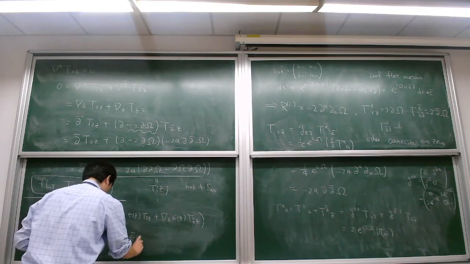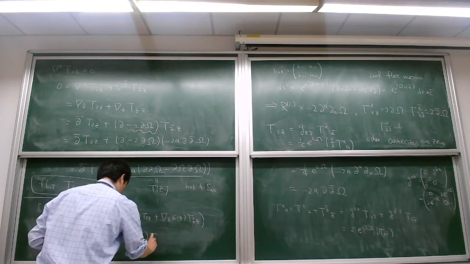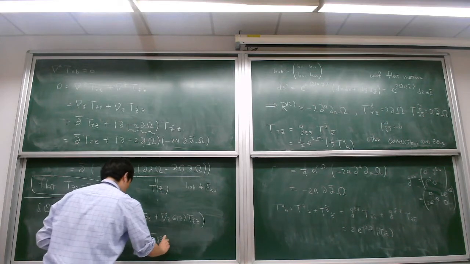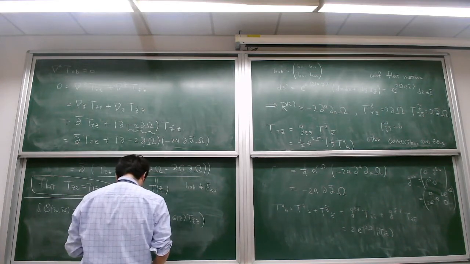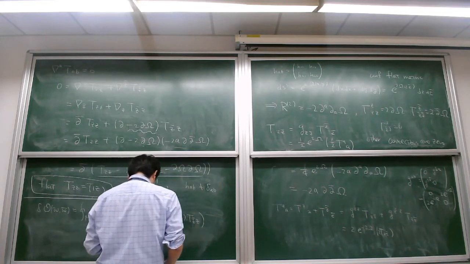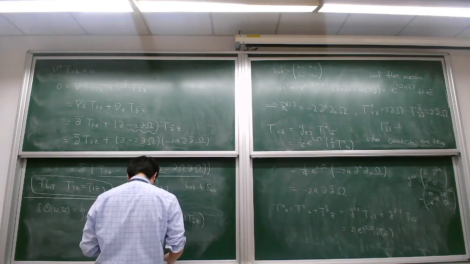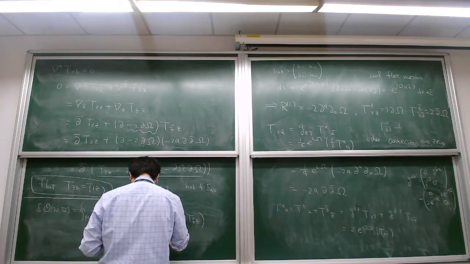And you have an anti-holomorphic current. You can just take a look at the previous note, it's 3.11 currently. You just replace the covariant derivative.